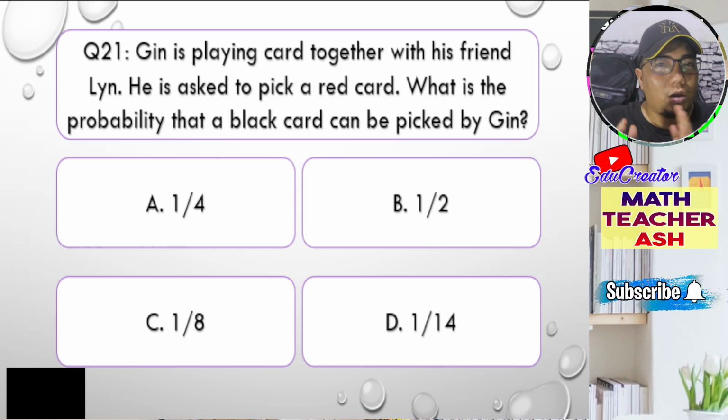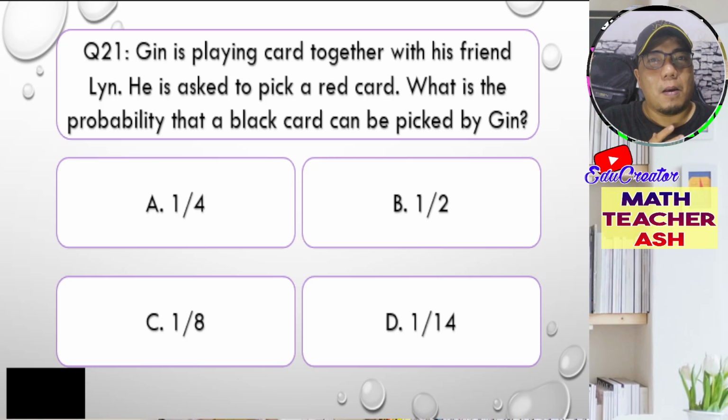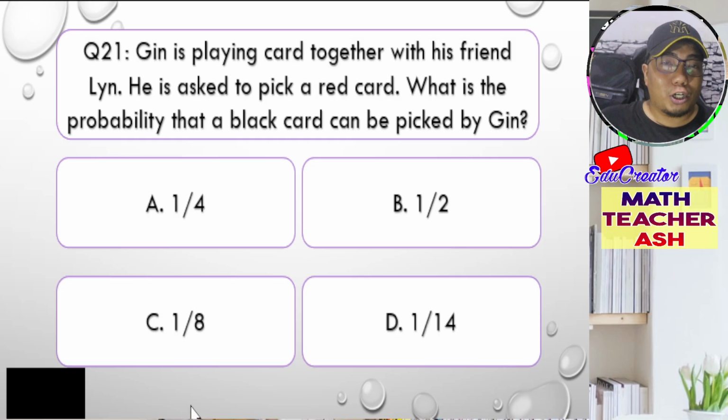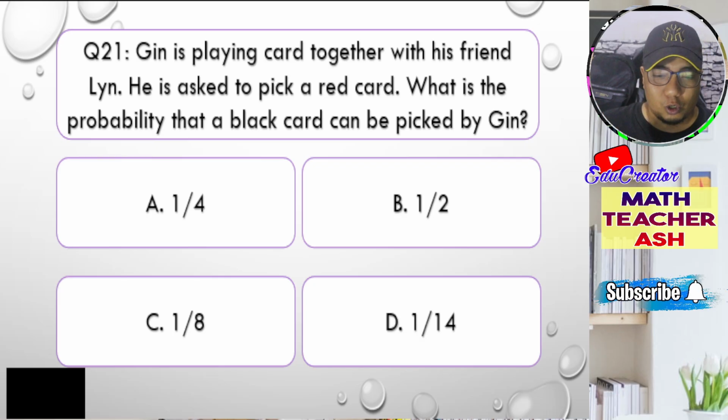The hearts and diamonds are red. We have a total of 52, and half of those cards are red and half are black, because black are represented by the clubs and the spades. Therefore, in order to pick a red card, you have 26 out of 52 cards as your probability.